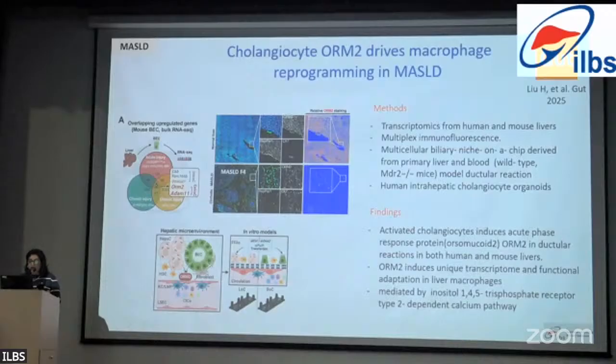They confirmed with unique transcriptomics that ORM2 leads to changes in the liver macrophages through calcium channels, and these macrophages go into a pro-inflammatory state. So ORM2 has been identified in both mouse and human liver to understand the crosstalk between cholangiocytes and macrophages, which plays a key role in the pro-inflammatory state.